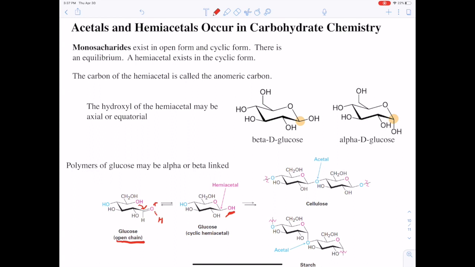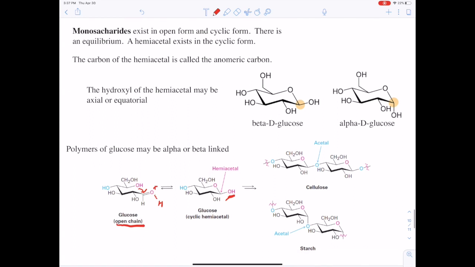Now if you make a disaccharide, or polymers like cellulose or starch, it's the same for disaccharides or polysaccharides. When you join two carbohydrates together like this, here we have the anomeric carbon of 1, but notice this is now an acetal because we have a carbon with OR, OR.